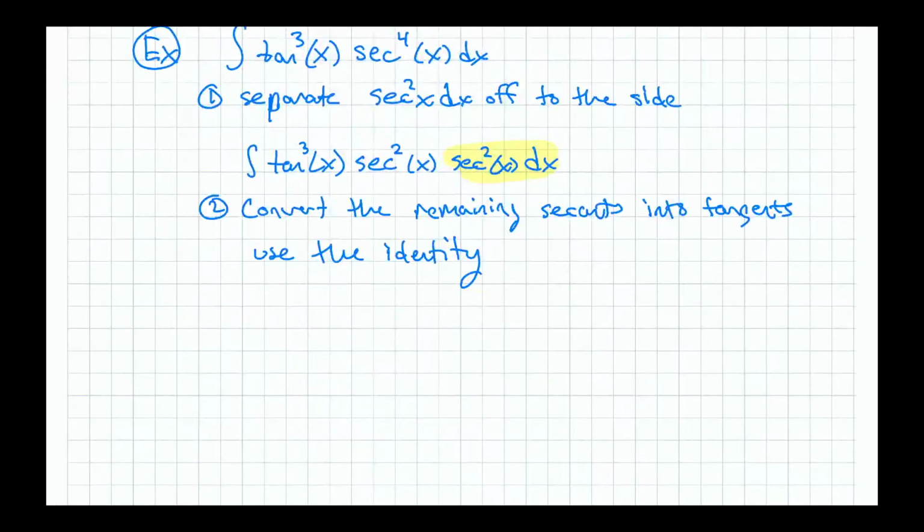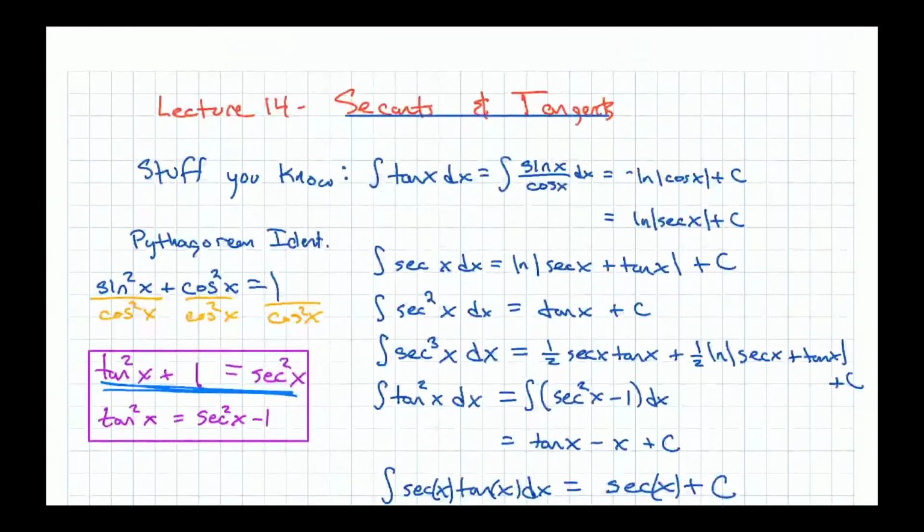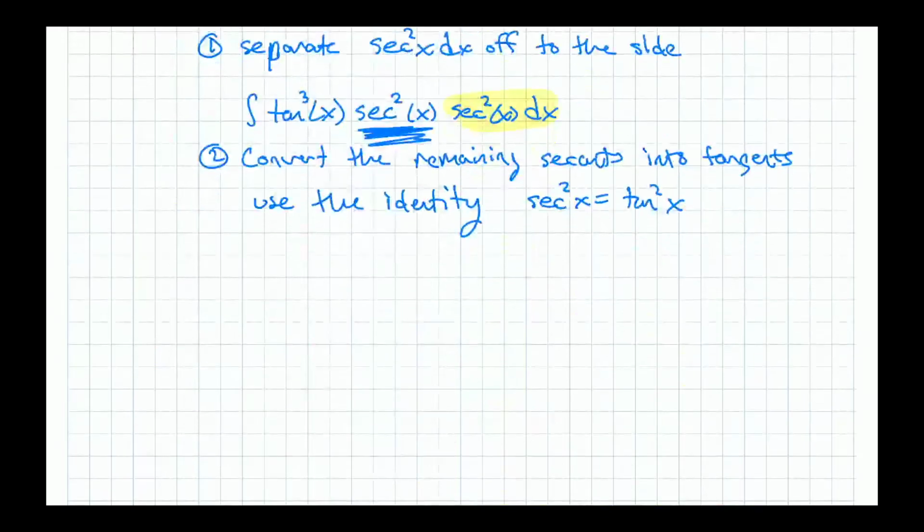So we're going to take this one, and that's the one that we're converting. So you simply use secant squared x is tangent squared x plus 1. So that's it.